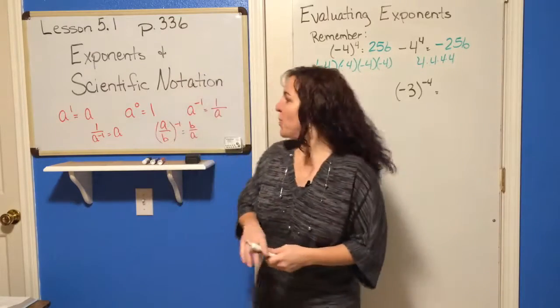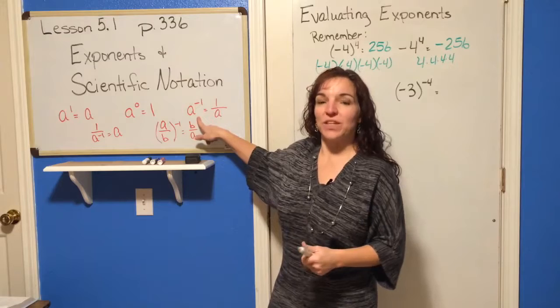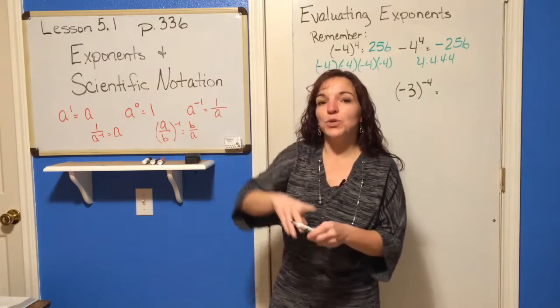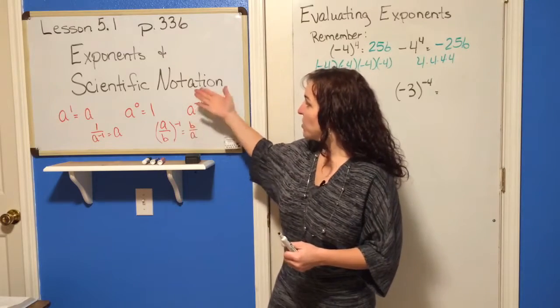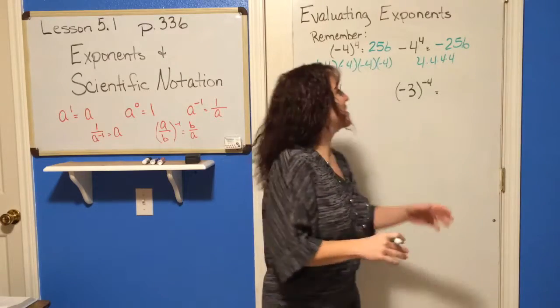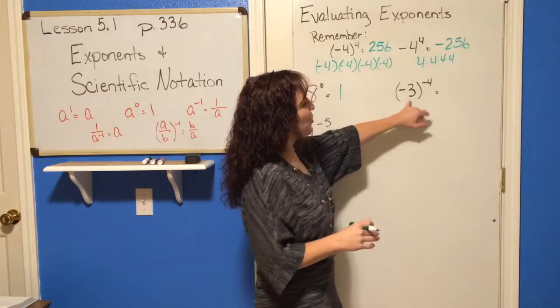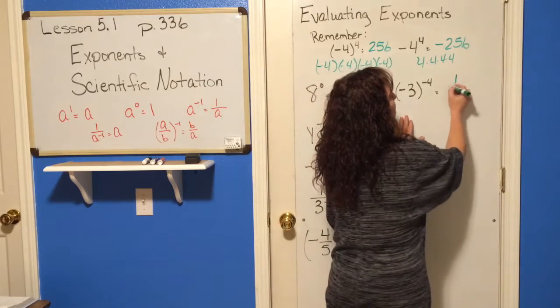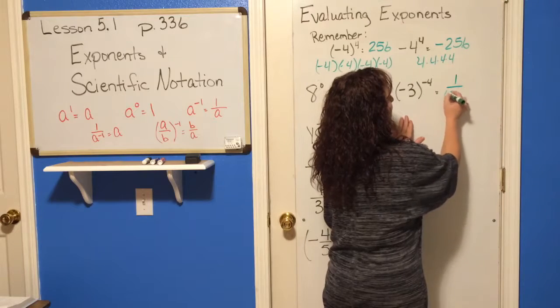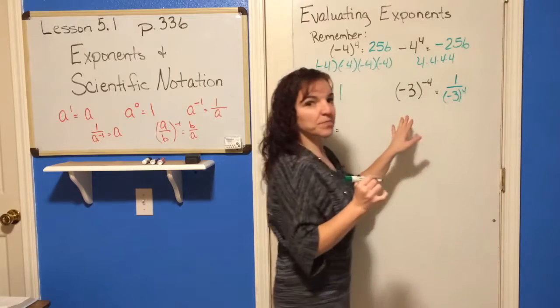Okay? If we have a negative exponent, it's almost like we're dividing that many times. So a negative exponent flips that number down into the denominator. So -3 to the -4 power says I want 1 over -3 to the 4th power.